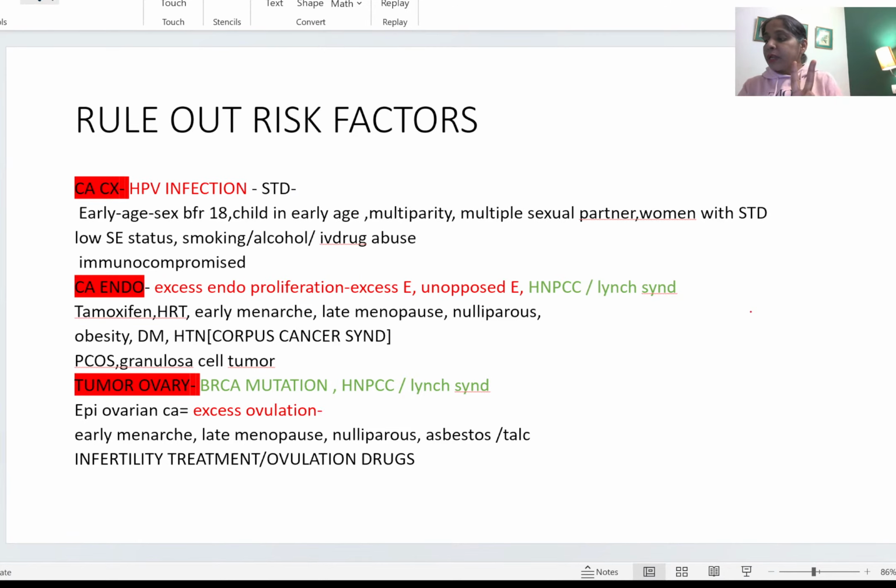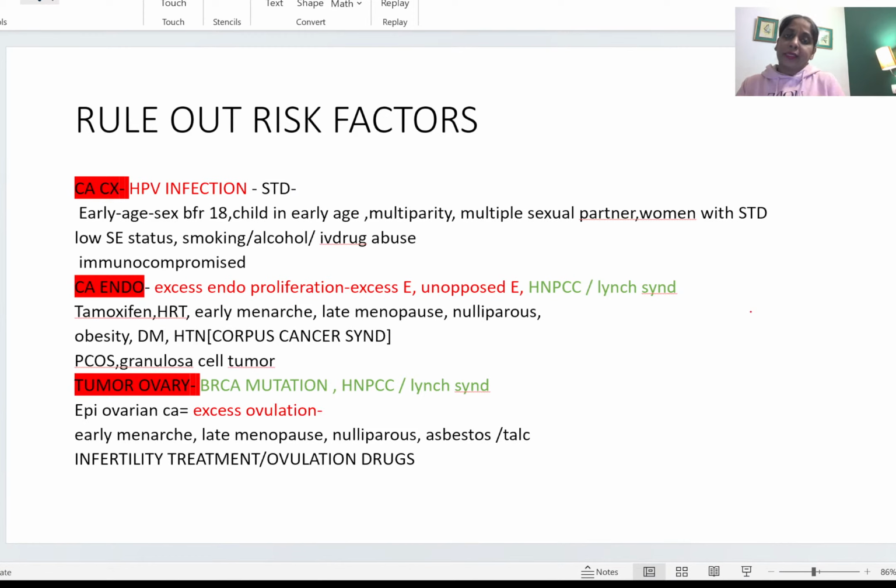I have one or two aunts who have CA breast. As you all know, CA breast is a very common cancer in females, the most common cancer. So they take tamoxifen and they become prone to CA endometrium. They come to me for regular visits to check whether they have CA endometrium or not. This time, no. Okay, then come to me next visit.